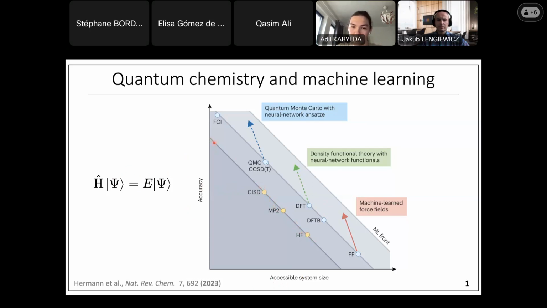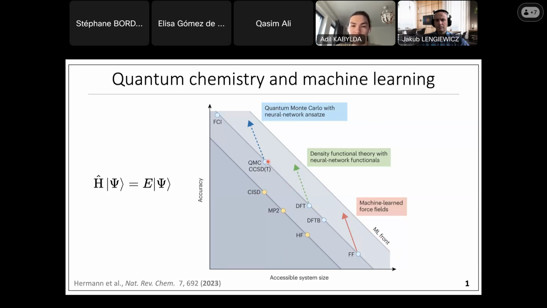What we want to do is push this diagonal line to the right side, and the new technologies do that. Here you have different approximations, such as density functional theory and force fields. Machine learning presents a new front line that allows us to push this diagonal even further.